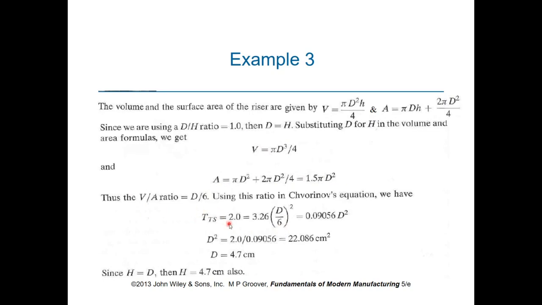And we know that for the riser, the total solidification time is given. That is given in the statement of the problem, and that is 2 minutes. So having this at hand, there is one equation with only one unknown parameter, and that is D. So we can easily work out the value of D, and that is this much. This value is the same for the height and also for the diameter.